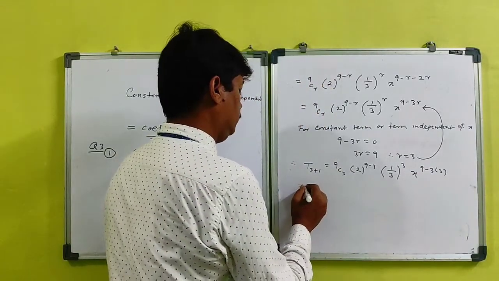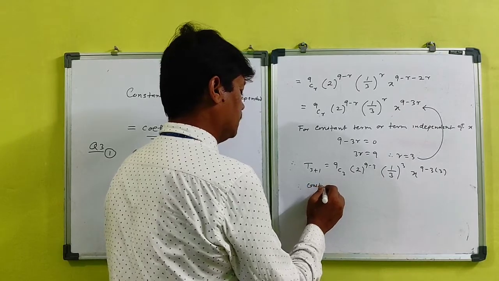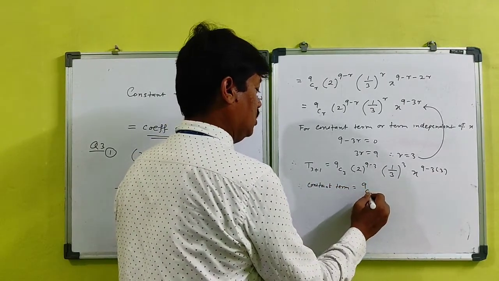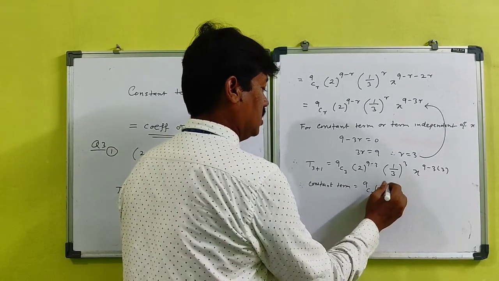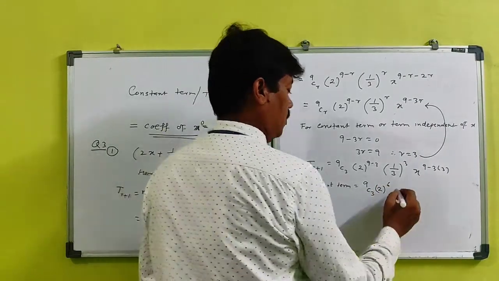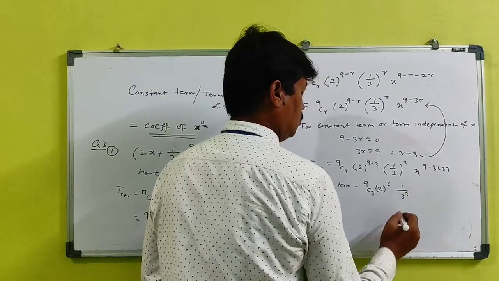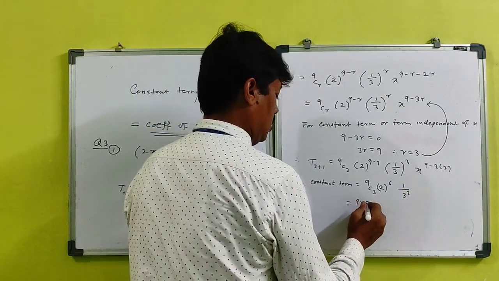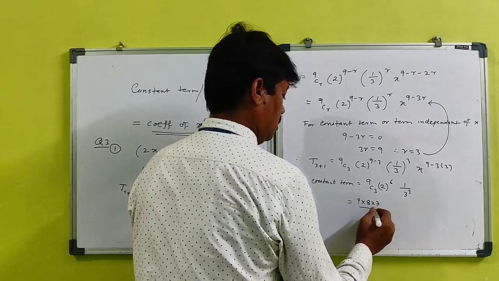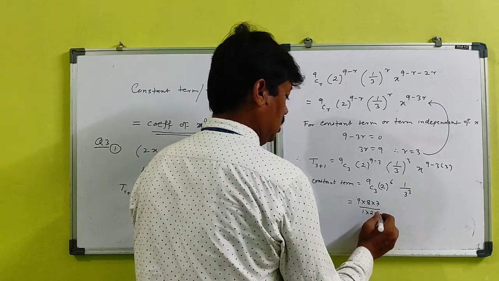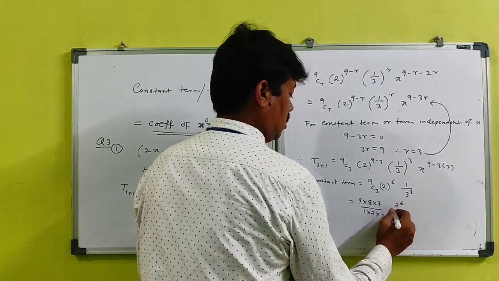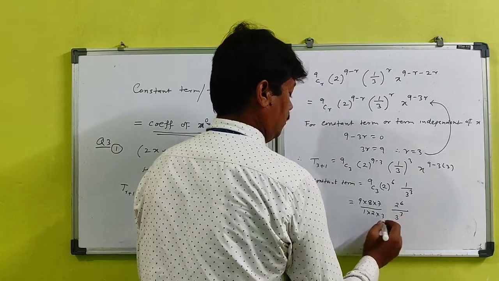Therefore, the constant term is equal to 9C3 2 raised to 6, 1 upon 3 raised to 3. So that is 9, 8, 7 upon 1, 2, 3, 2 raised to 6 upon 3 raised to 3.